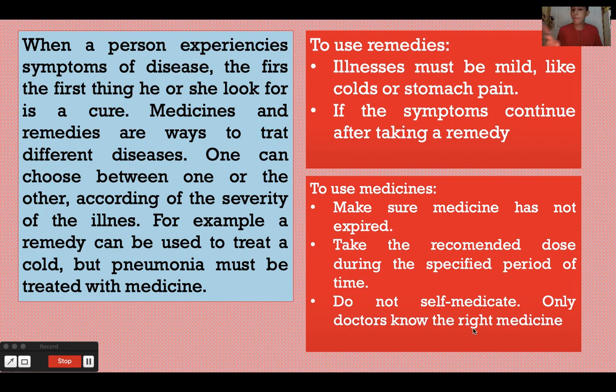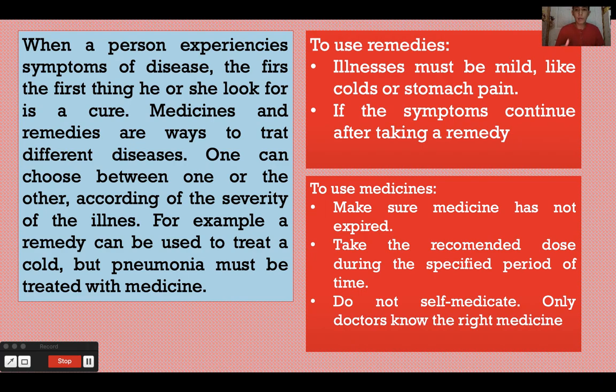Do not self-medicate. What does that mean? If you feel so bad and you say, oh my god, I will go to the pulperia and buy a Panadol. If you have a lot of headache and you cannot be well, you must go to the doctor. Do not self-medicate.